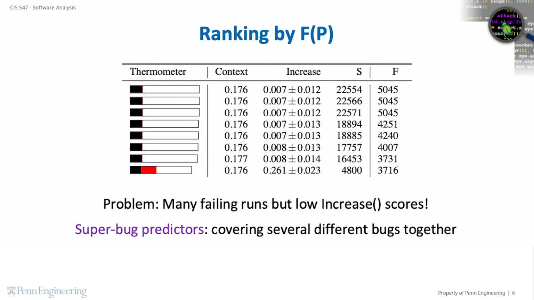But these predicates also have very low increase scores, barely above 0. This is corroborated by the fact that these predicates are also true in many successful runs, ranging from 4,800 to over 22,000. These numbers strongly imply that these predicates are superbug predictors.